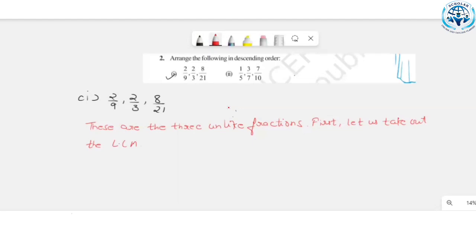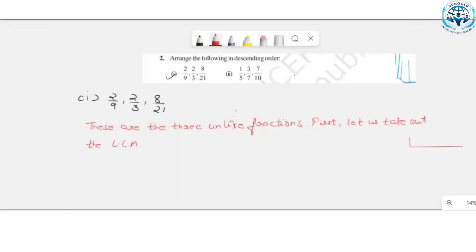For this, again we will take out the LCM of 9, 3 and 21. LCM is 63. We will convert all the three fractions with denominator 63.